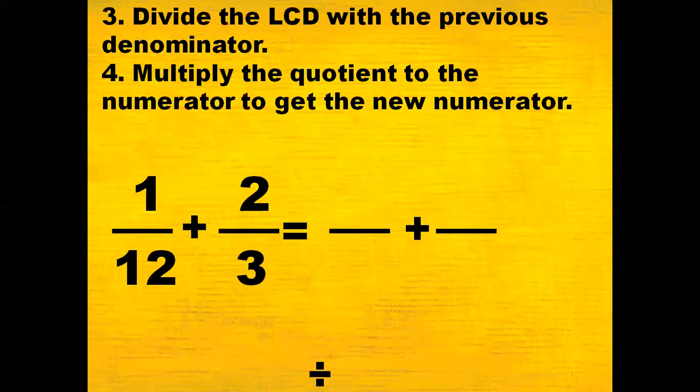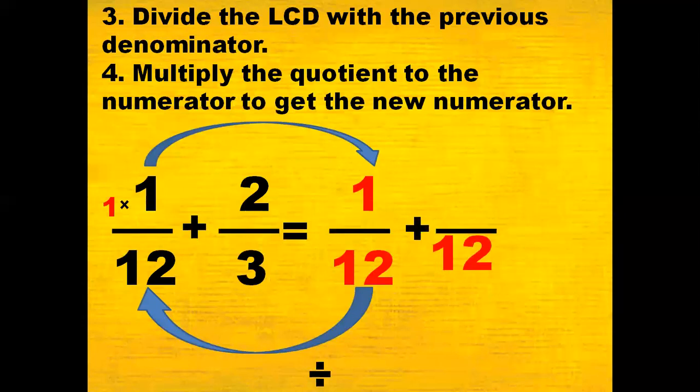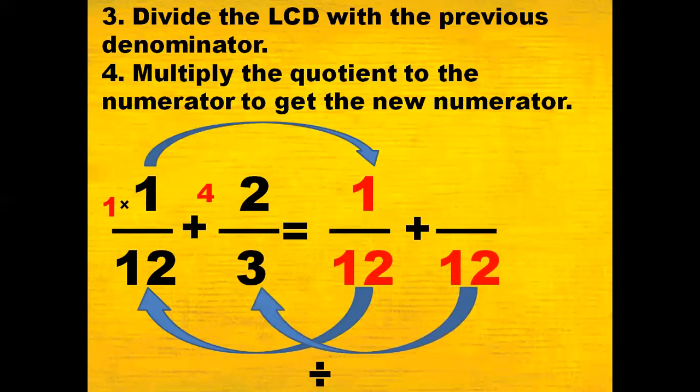Next, divide the LCD by the previous denominator. Multiply the quotient to the numerator to get the new numerator. Since the LCD is 12, 12 divided by 12 will give us 1. 1 times 1, the answer is 1. And 12 divided by 3, the answer is 4.